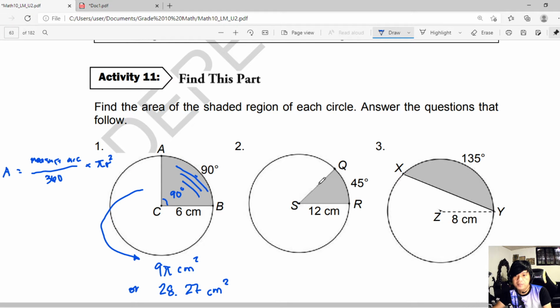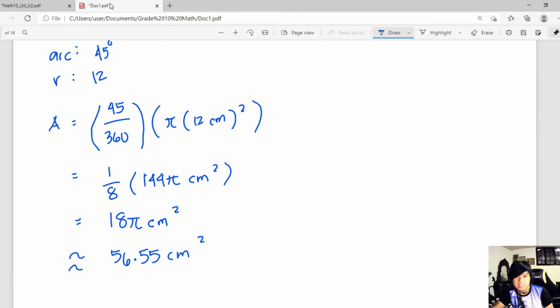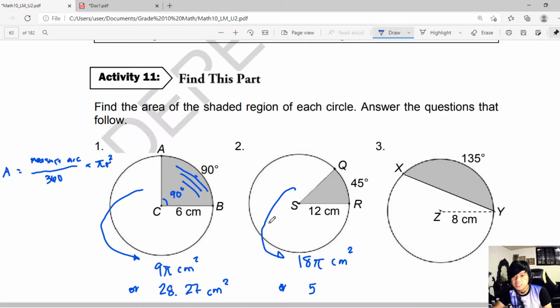So therefore the measure of this one is 18 pi centimeter squared, or 56.55 centimeter squared. So these two examples fall under finding the sector of a circle.